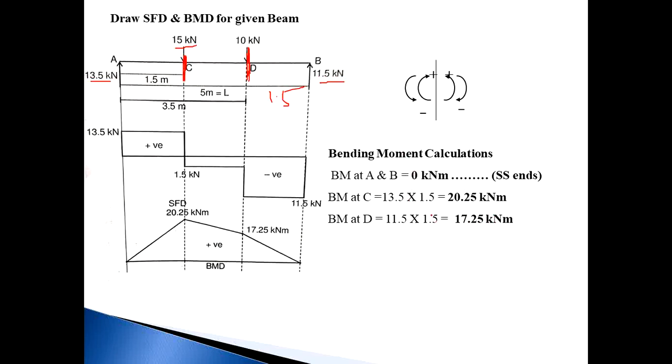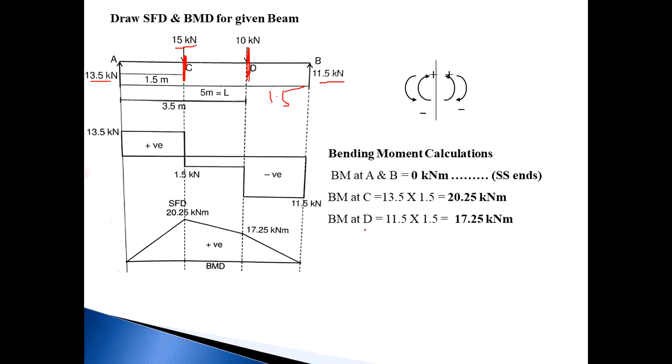Now by using these bending moment values, we can draw the BMD. First, bending moment at A and B is equal to 0, so the A point and B point are 0. This is the baseline. Positive values are plotted upside, and negative values downside of this baseline. Next, bending moment at C is 20.25 kilonewton meter, and this value is positive, so plot 20.25 upside of the baseline.